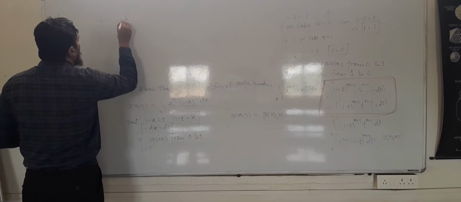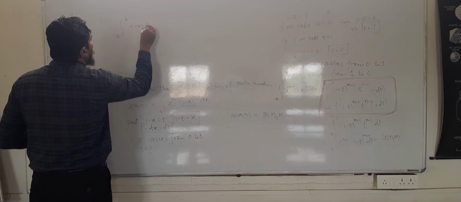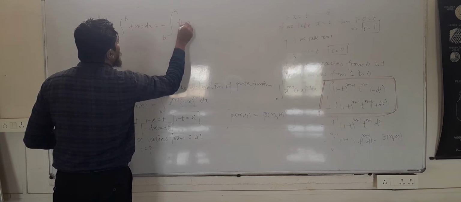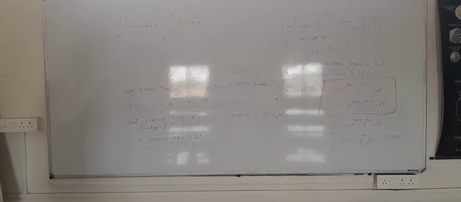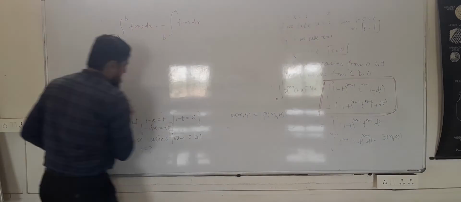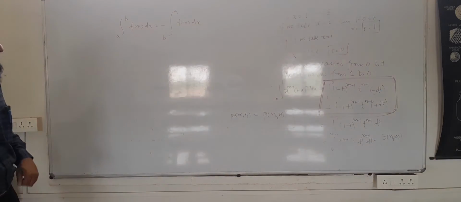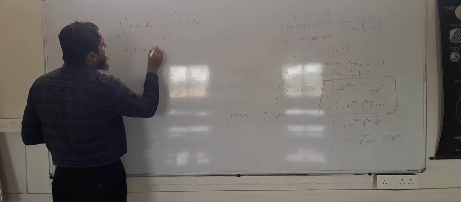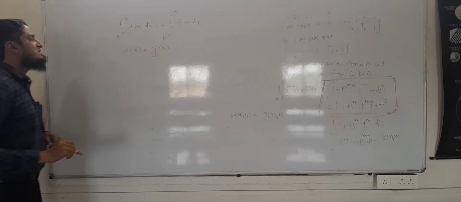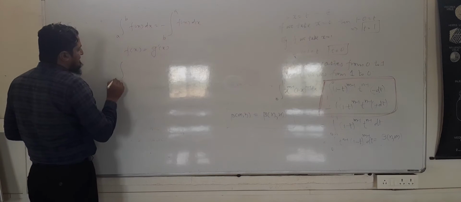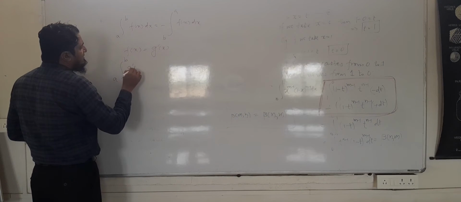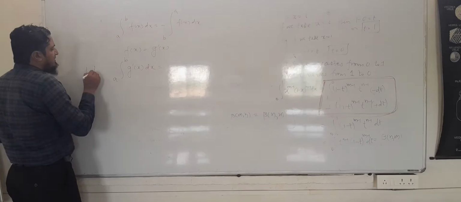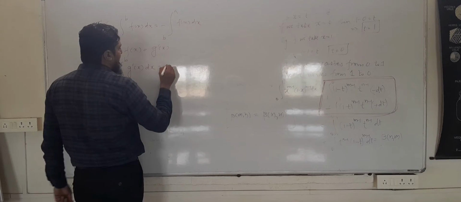Integration from a to b of f of x dx is equal to minus integration from b to a of f of x dx. Consider f of x is equal to g dash of x, the derivative of g of x. So we can write it as integral a to b of g dash of x dx. It is the LHS.